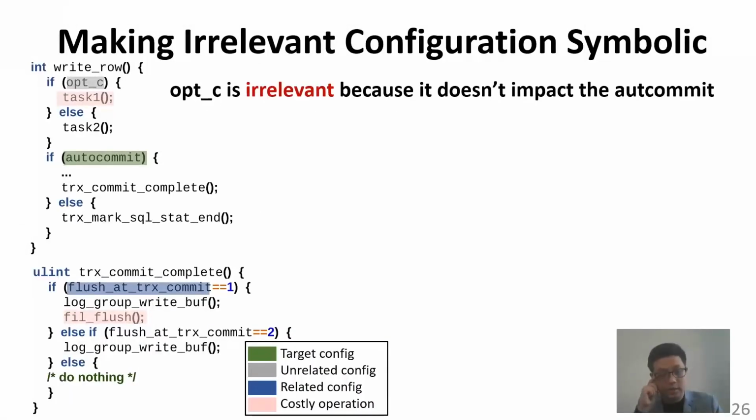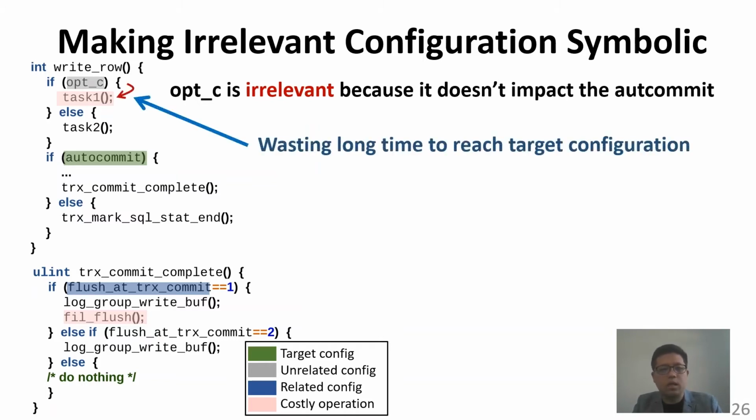Think about this case. If we want to understand the performance effect of autocommit, the OPTC is irrelevant because no matter what value OPTC has, it doesn't impact the performance effect of autocommit. If task 1 is a very heavy operation, the symbolic execution might waste a lot of time executing task 1.